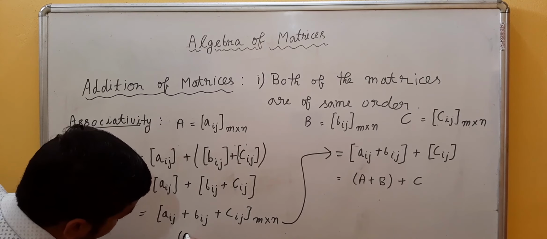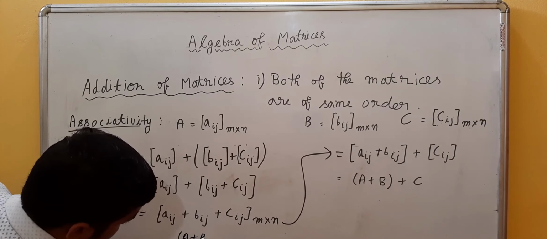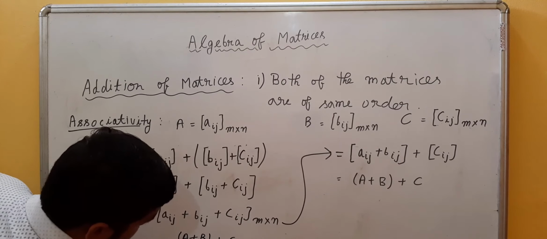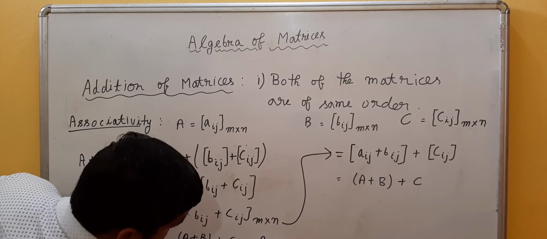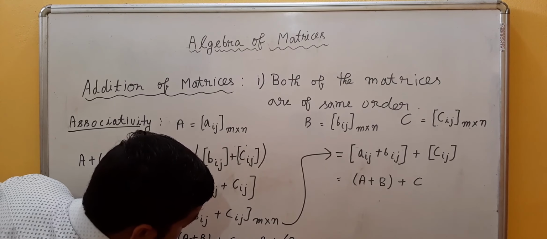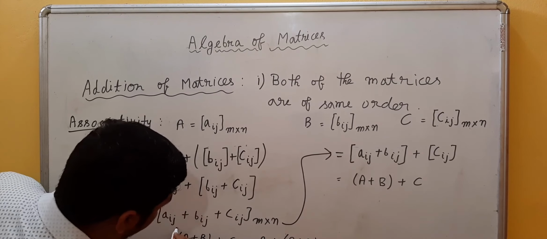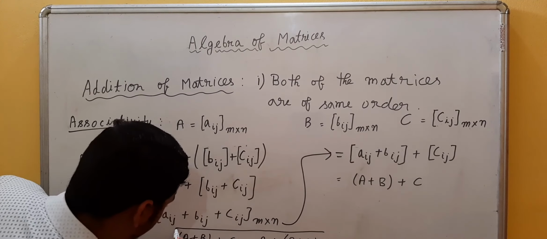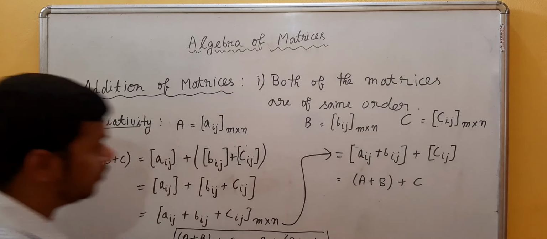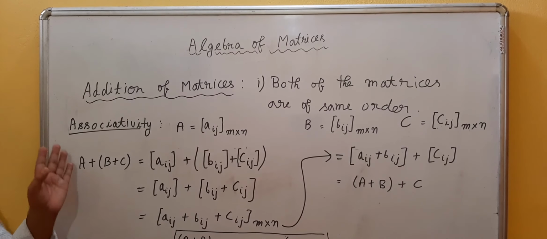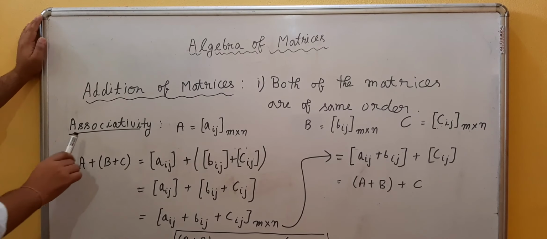There is no effect of bracket on the addition. A plus B plus C is equal to A plus B plus C. You can also check this result by taking some different examples. So note down this property.